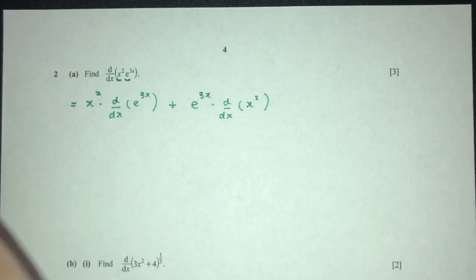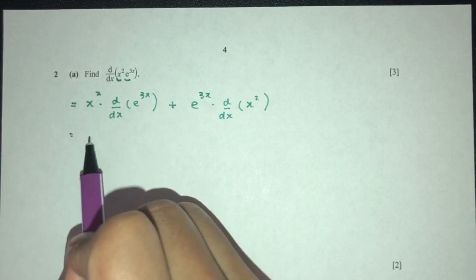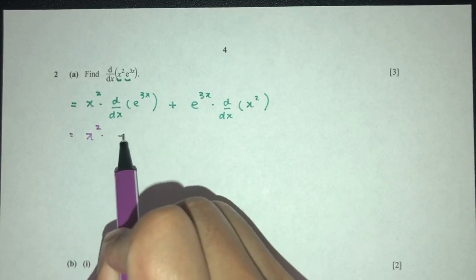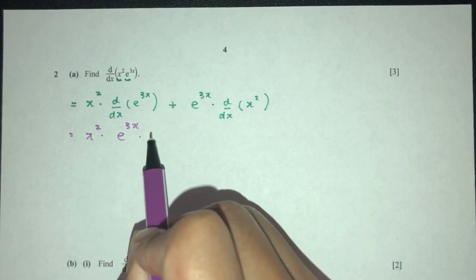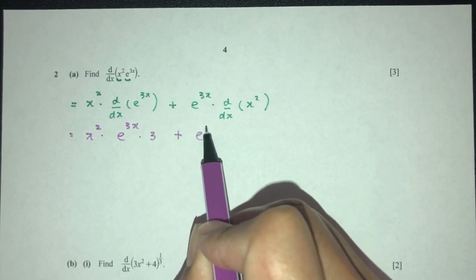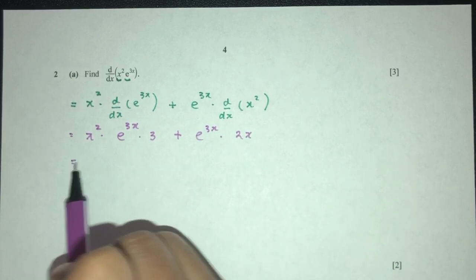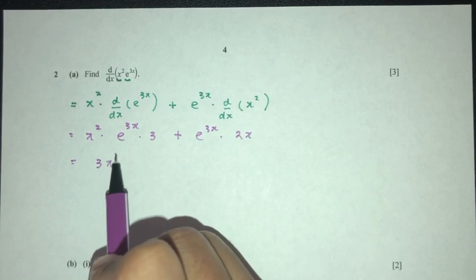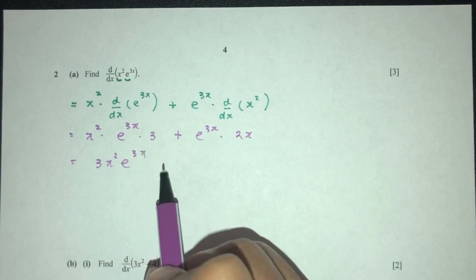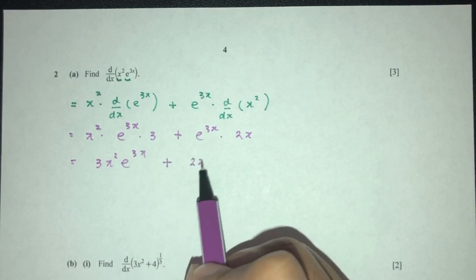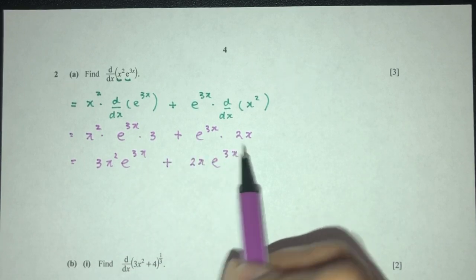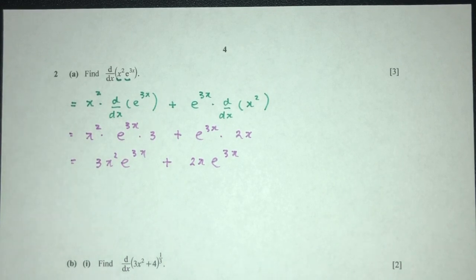That's how we apply the product rule. So this will be the same thing, and that will be exponential 3x times 3 plus exponential 3x, and that will become 2x. Now, if you want to simplify, that will be 3x squared exponential 3x plus 2x exponential 3x. That will be part A of your question.